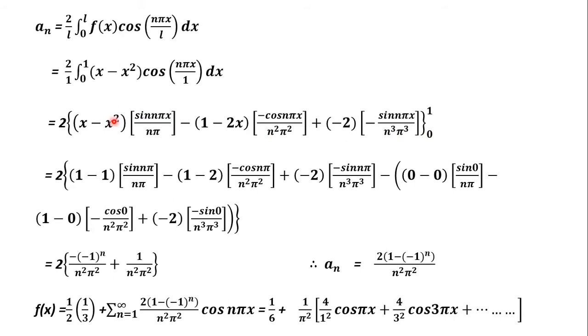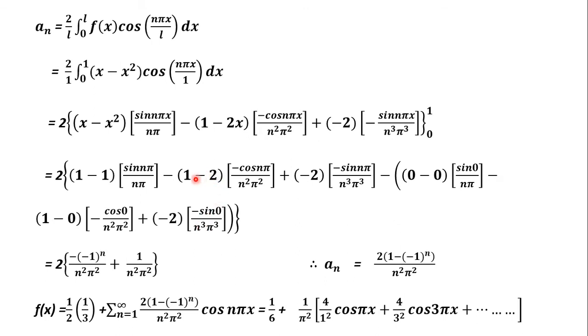The first term will be 0, then 0 minus 0 minus 1 minus 0 into minus of cos 0 by n square pi square plus minus 2 into minus sin 0 by n cube into pi cube. Sin n pi is 0, so this term will be 0, and sin 0 is 0, so this term will be 0.